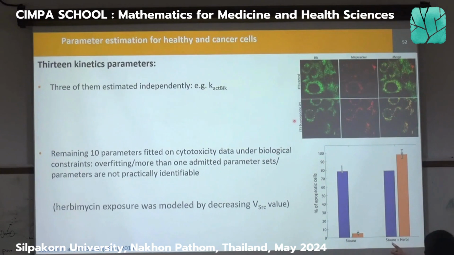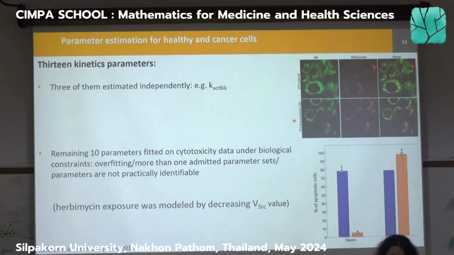And then the cells exposed to staurosporine and herbimycin, which is an inhibitor of SRC. So the next question is how do you model this in your optimization problem? And the way we have decided to model this is to decrease the BSRC value.